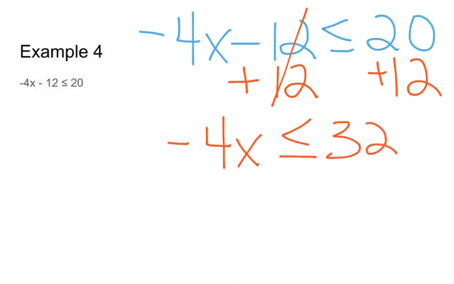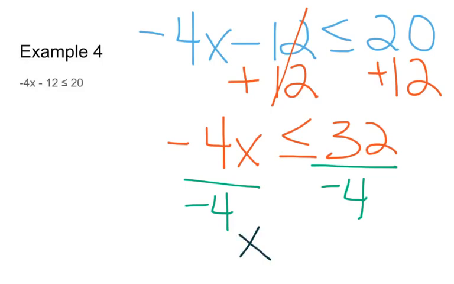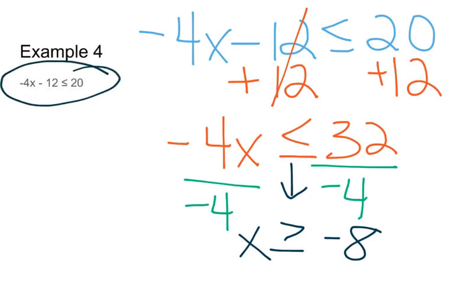We have to undo multiplication by dividing. Oh, ding, ding, ding, ding. We've divided by a negative. That means to keep the inequality true, we must flip the inequality sign. So x has to be a value greater than or equal to -8 for this to be true.